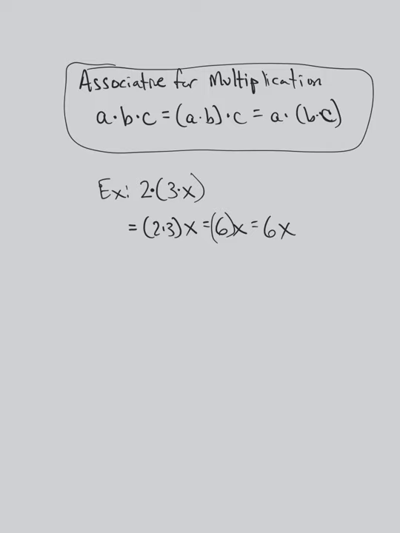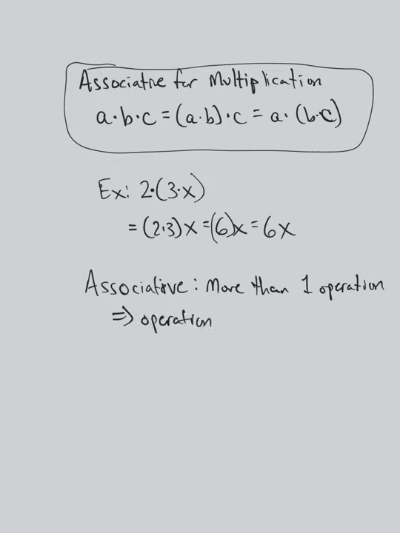Now the key thing to distinguish, we're about to talk about what's called the distributive property. The key thing to distinguish between when to use the associative property and when to use the distributive property is, with the associative property, first of all, you have more than one operation. But with the associative property, the key way to recognize it is that the operation is the same.